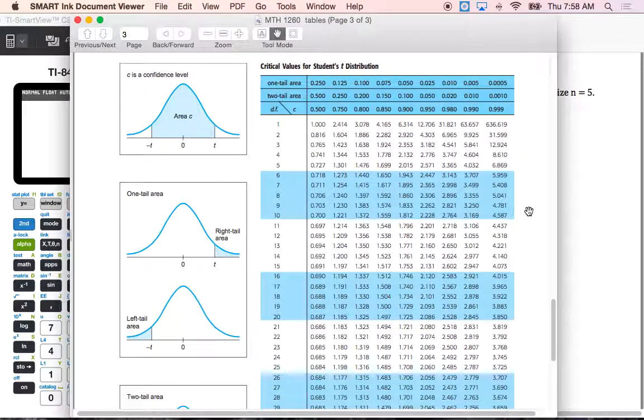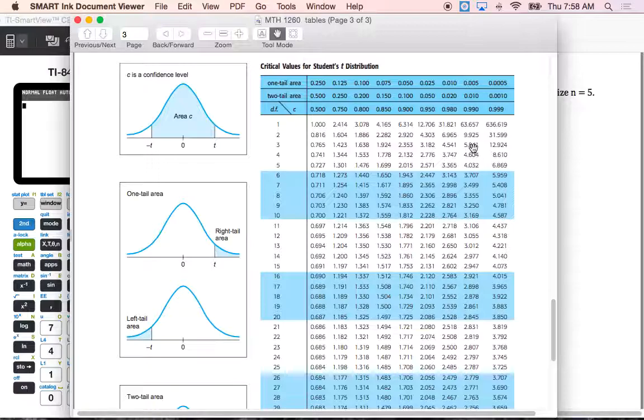So here's our table. Your degrees of freedom is that first column. So we're going to go to 4 because that stretches out over this row. And you want 0.99, not 0.999. You want 0.990. So I match up 4 with 0.990.